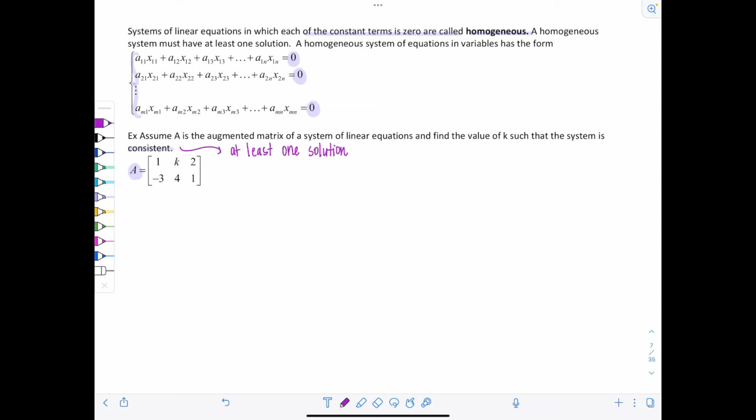Okay, so let's think about this. This is the augmented matrix. So basically they just didn't write out that line right there, but it represents a system of two equations, two variables. So we've got 1, k, 2, negative 3, 4, 1. And let's just try to start diagonalizing it and see what happens, okay? So we already have a 1 here, hooray. What we would want to do is make that negative 3 a 0. So you would do that by taking 3 times row 1 plus row 2, and that's your new row 2, right?